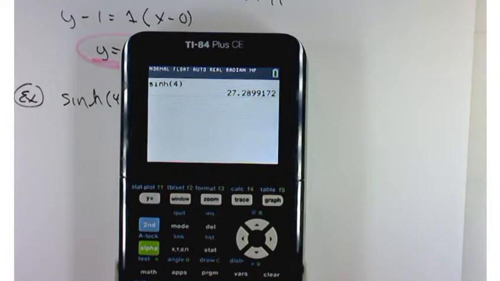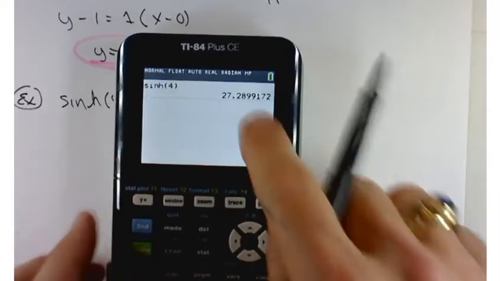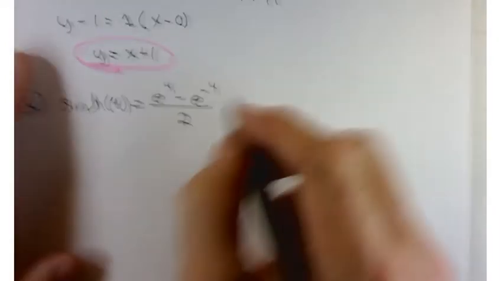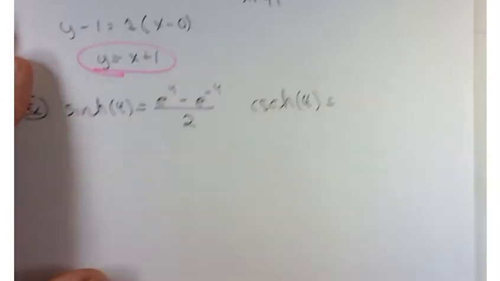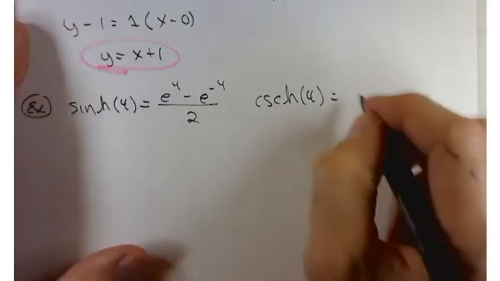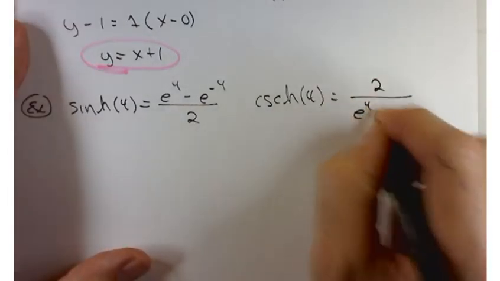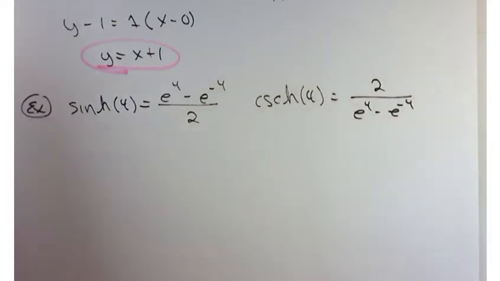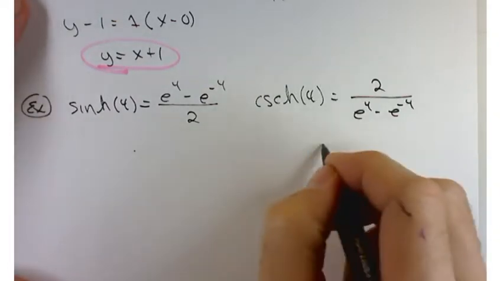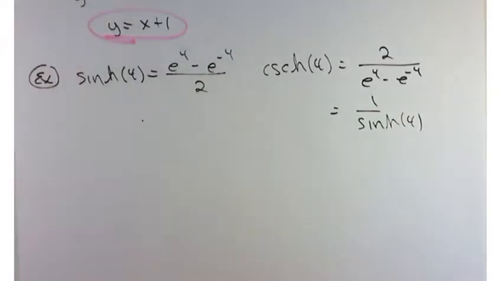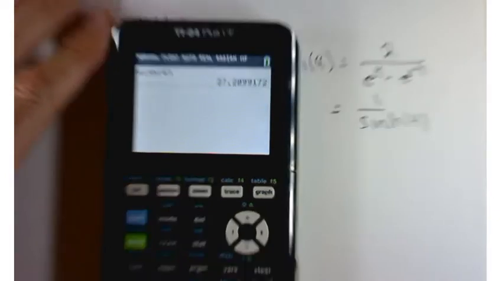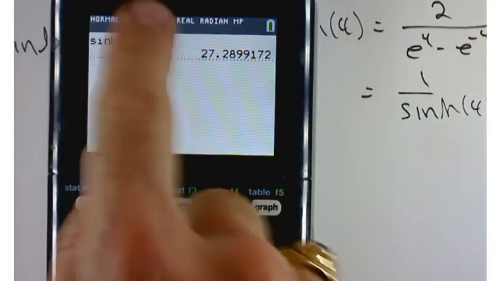Now, here's kind of a freebie. We've all got this on our calculator. What if I asked you for the hyperbolic cosecant of 4? Are you going to plug in, all right, that's going to be 2 over e to the 4 minus e to the negative 4? Or is there a smarter way to do this one? Yeah. It's going to be 1 over the hyperbolic sine of 4. So here's the cool thing that you can do. You've already got this here.